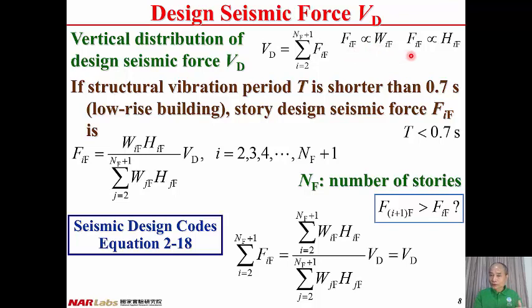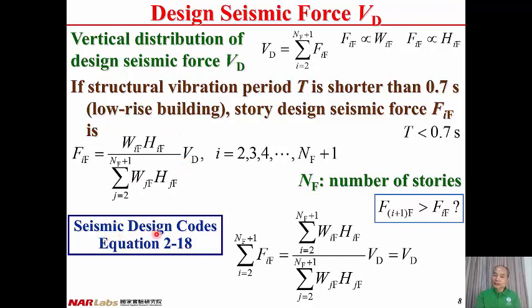Third, the design seismic force of Fi^F is proportional to its elevation. And if the structural vibration period T is shorter than 0.5 second, the story design seismic force Fi^F can be written in this way.